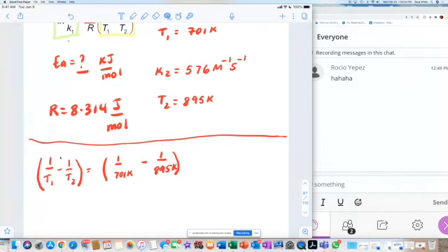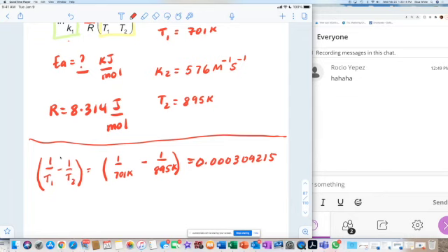Okay, so I got open parentheses, 1 fraction 701 to the right, minus 1 fraction 895 to the right, close parentheses. Oh, I get 0.000309215. Okay, yeah, that's what I get.